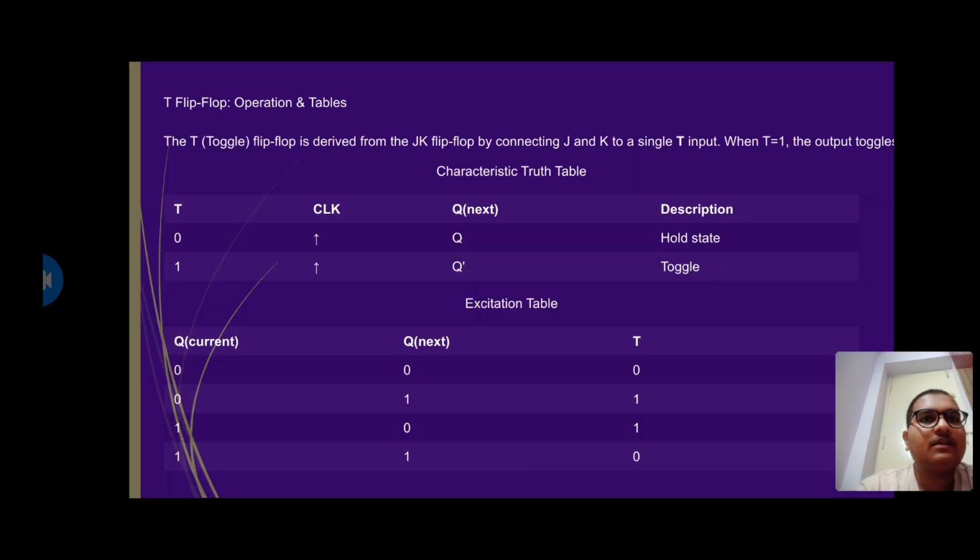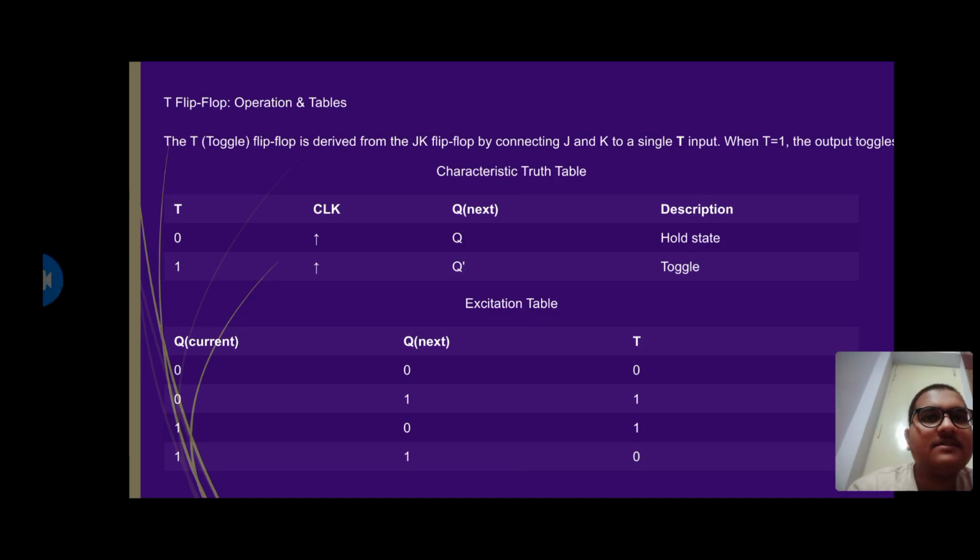Next, T flip flop operation and table. The T flip flop, or toggle flip flop, is derived from the JK flip flop by connecting J and K to a single T input. When T is equal to 1, toggle.